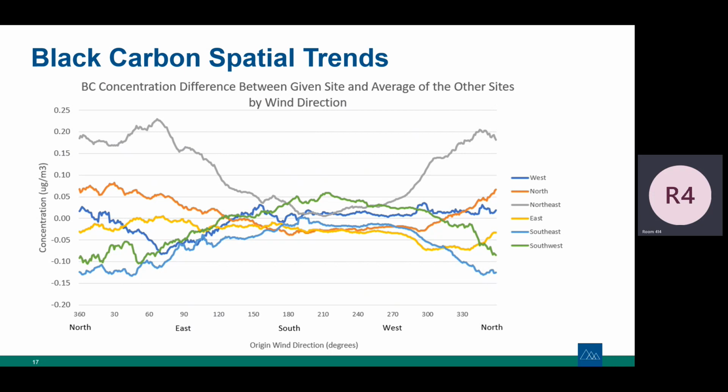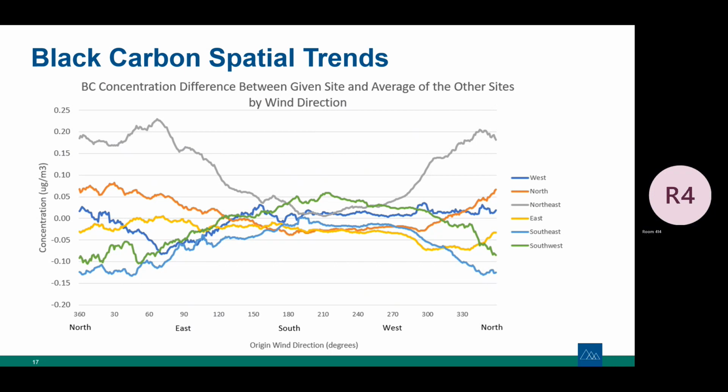Again, here's our gray line. And what we see is when winds are coming from the north to northeast, that site on average sees concentrations that are 0.2 micrograms per cubic meter higher than the other sites. Conversely, when the winds are from that same direction, my southwest site sees concentrations that are lower on average.